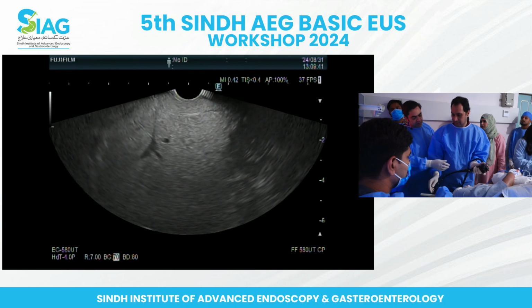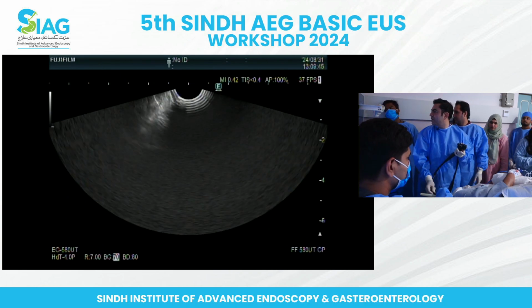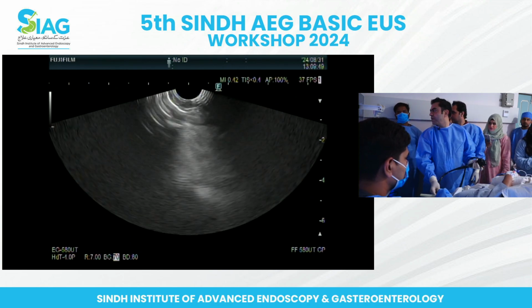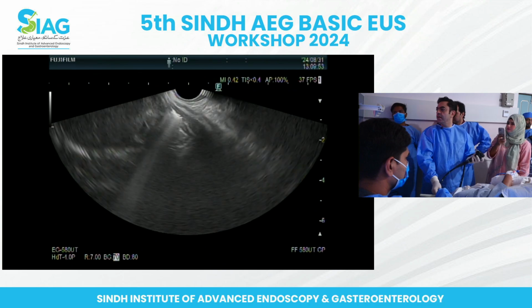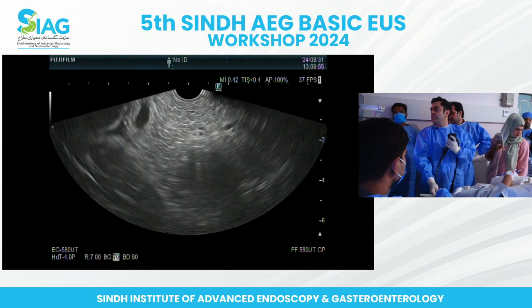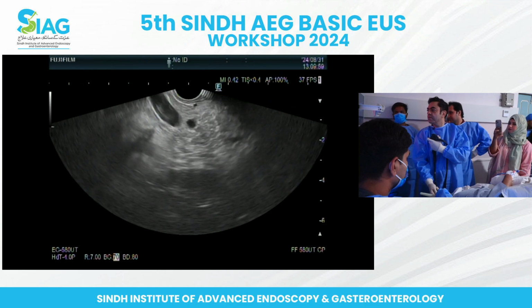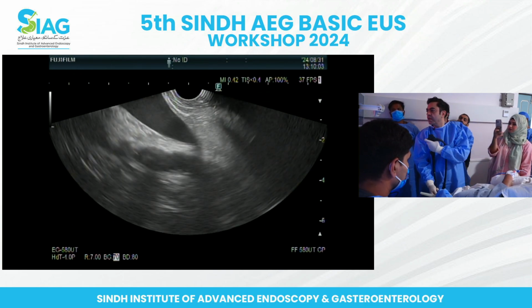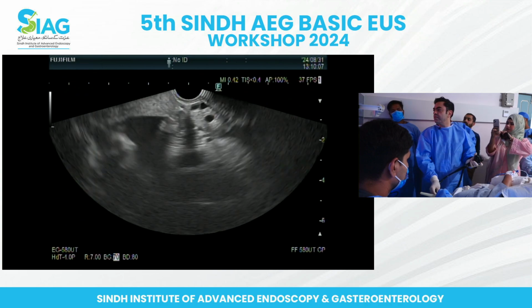Just let me have a quick look. Where are we? Why are we not able to? I think that's the mass actually that you may be seeing. There's one further down.